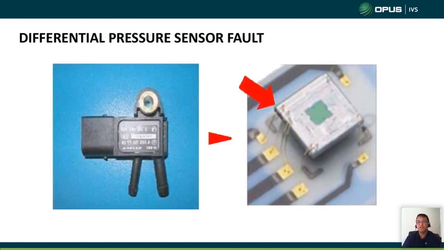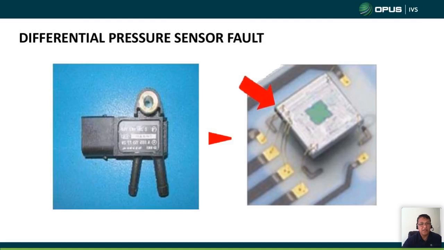Another common issue with this 651 engine is the pressure sensor. I didn't put the fault code because there are different fault codes that relate to that differential pressure sensor. But the most common one is the faulty sensor that shows on the quick test report.